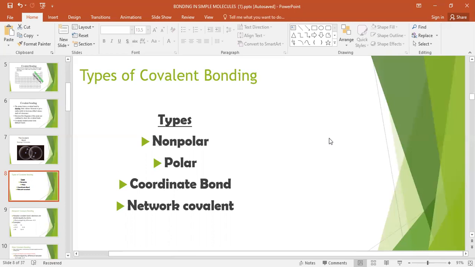Understand here also, if any substance like HCl, Cl is negative and H is positive, this sign I use means partial. Partial positive, how will we read it? This is called delta. Delta positive or delta negative, you read as partial positive or partial negative.